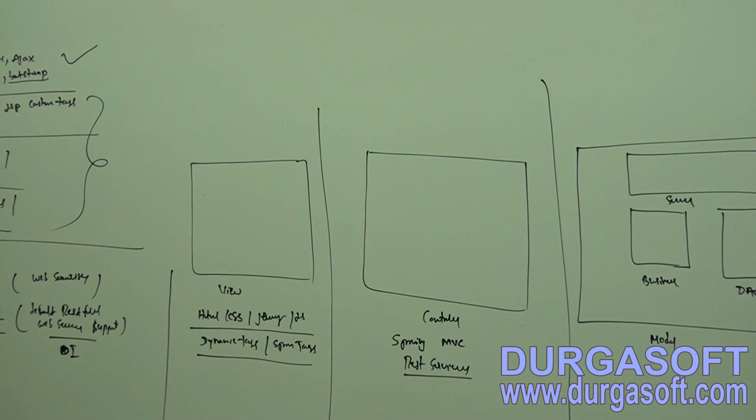So if I provide REST support, not only my browser, if you have any mobile application, that mobile application also can access my controller classes, not from the mobile browser. In a mobile application, that application can access my controller.